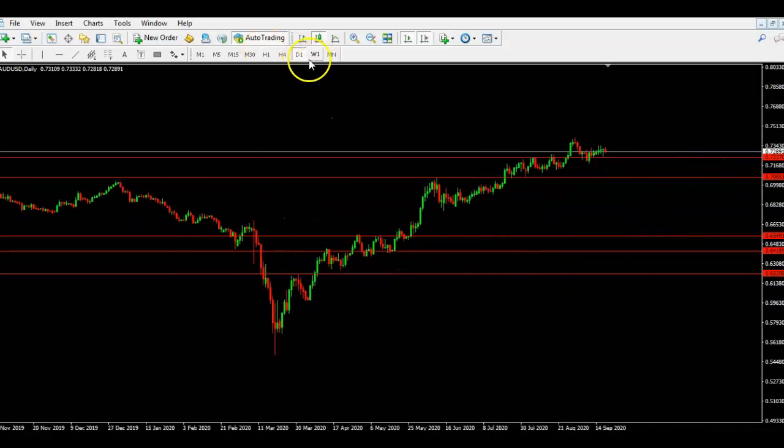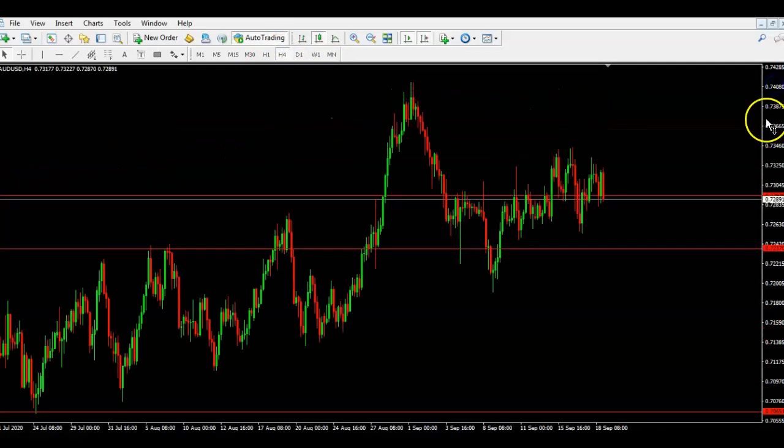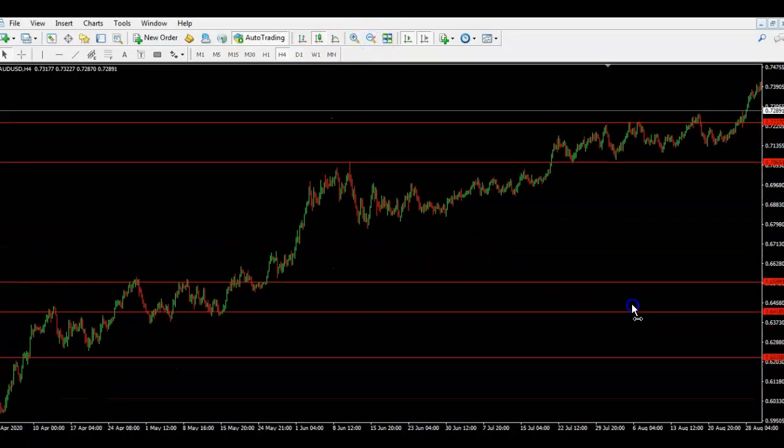Let's go now. When you mark price action like this in a daily, if you go to the 4 hour, let's see how that looks in the 4 hour. You can see how many times it touches those areas, touches multiple times, retests, and goes into the next level.